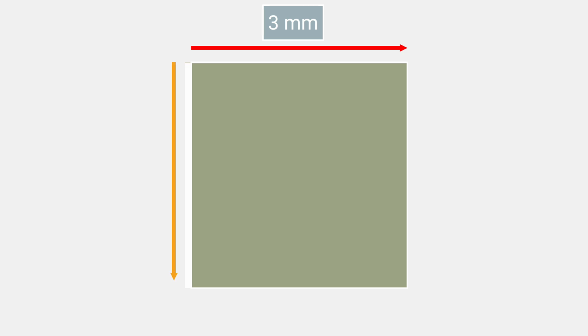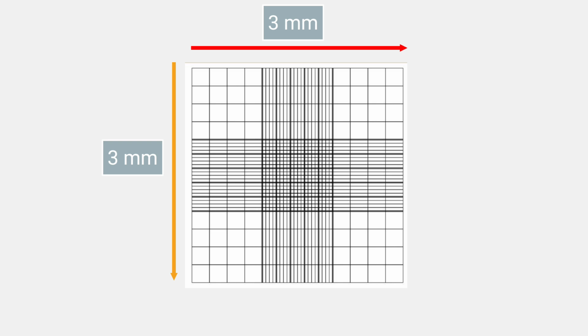It is a square-like structure, where the length of the square is 3 millimeter and the width is 3 millimeter. So the total area of this counting grid is 3 into 3, that is equal to 9 millimeter square. This 9 millimeter square is divided into 9 boxes, 3 boxes horizontally and 3 boxes vertically.